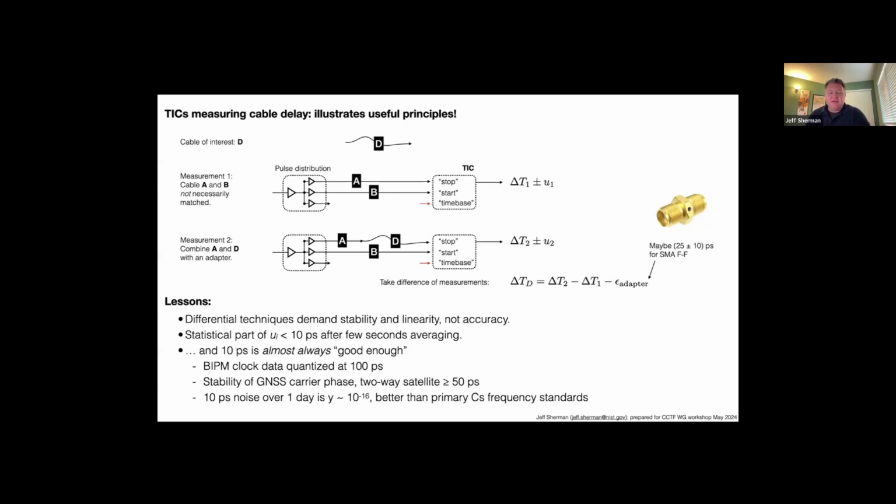For example, BIPM clock reporting data is quantized at 100 picoseconds. You'll learn that the stability of various link methods are at about the level of 50 picoseconds or worse. And 10 picoseconds of noise averaged over 1 day is only a part in 10 to the 16 in frequency, which is better than primary cesium frequency standards averaged over 1 day.